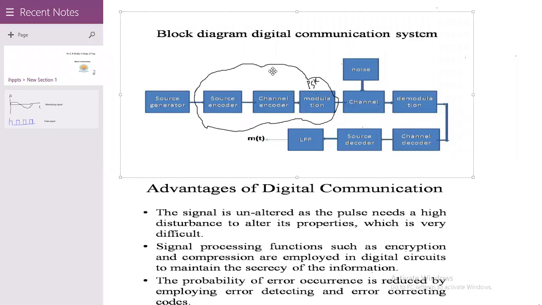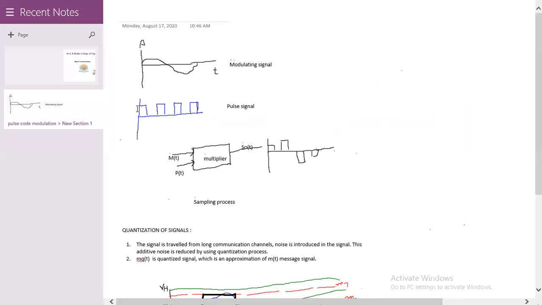You are well aware of sampling, as you already studied sampling in analog communication. Once again, I will repeat the sampling process. After that, I will also discuss quantization. So here, the sampling process.